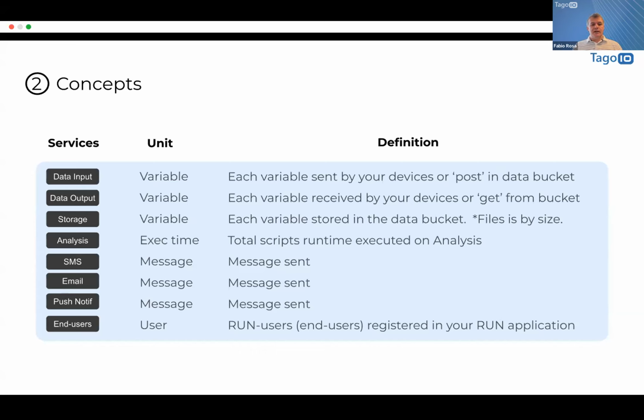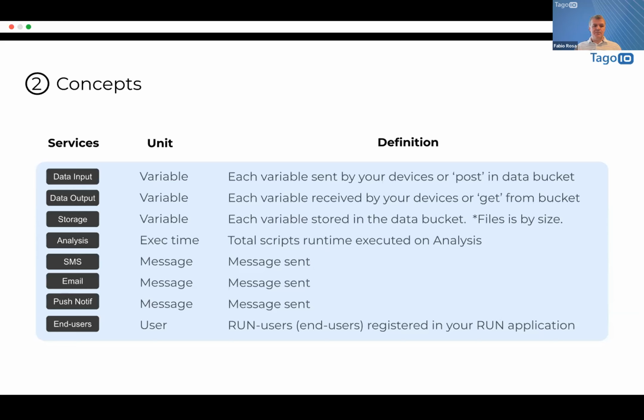For example, if your device is sending temperature and humidity, you're sending two variables. Every time. Data output is the same thing, but reverse. If you are sending a variable back to your device, so you are performing like a get command, getting from the bucket and sending it to your device, you are also using one transaction, with the same metric related to the variable. The only thing you need to keep in mind that's a little bit different is that when you perform analysis, you may also perform a get.